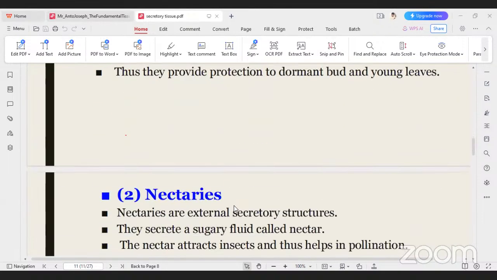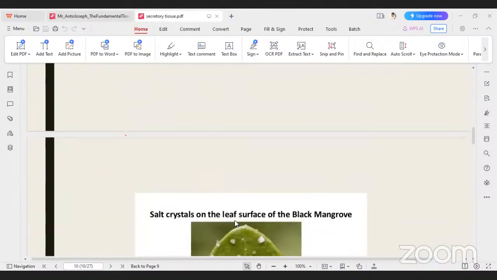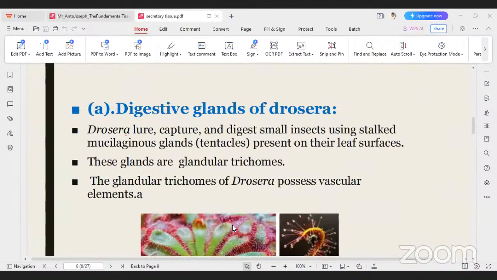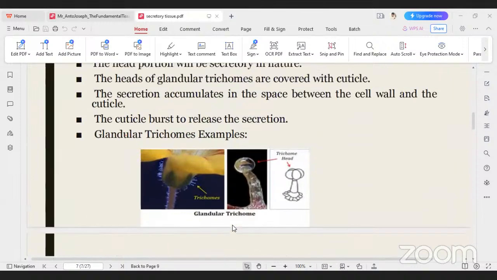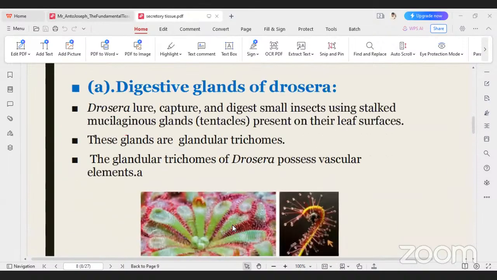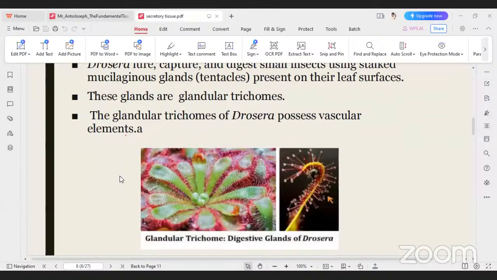First see the digestive glands. What is the function of the digestive glands of Drosera? Drosera captures and digests small insects using the stalked mucilaginous glands present on the leaf surface. These mucilaginous glands are called tentacles. These glands are glandular trichomes, and Drosera trichomes possess vascular elements.